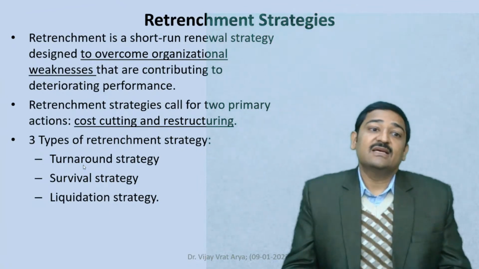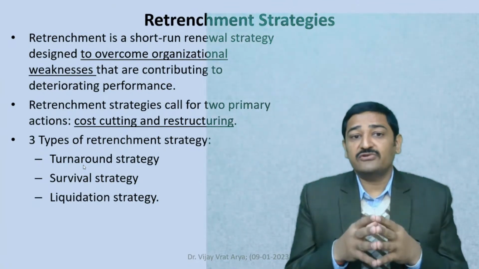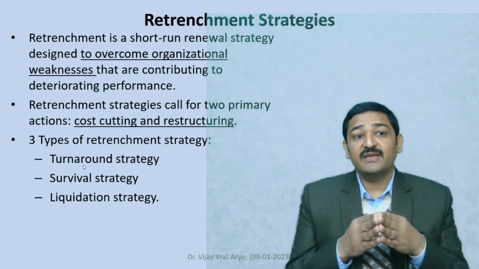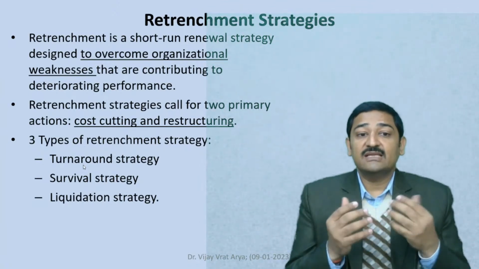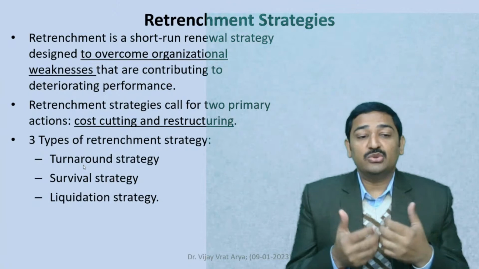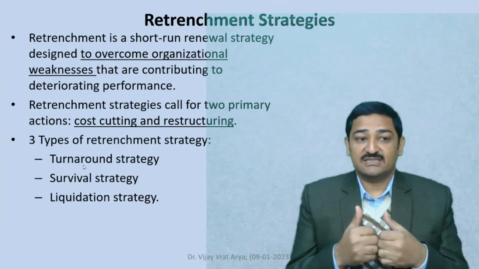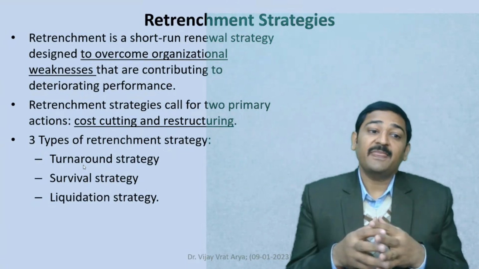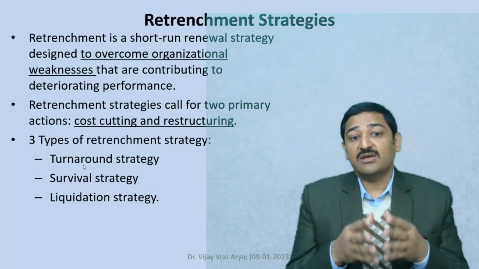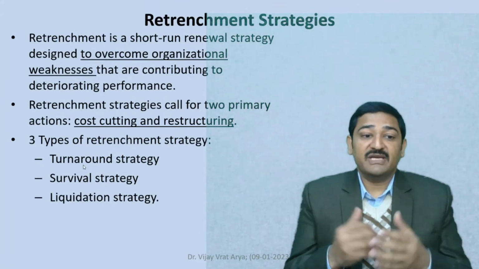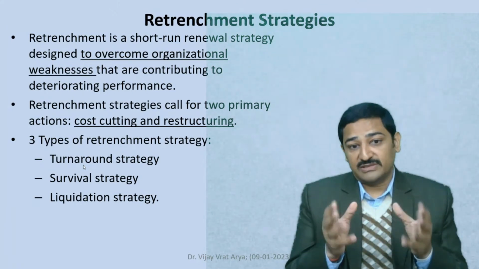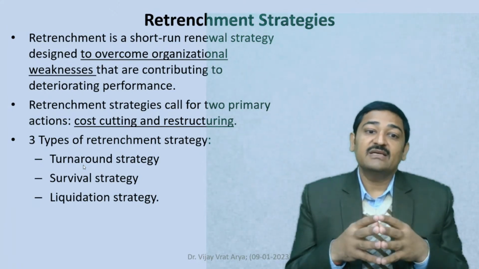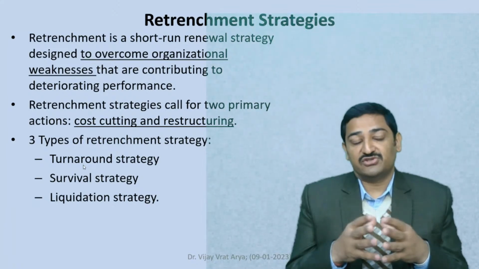So in that case, retrenchment is a short run renewal strategy designed to overcome organizational weaknesses that are contributing to deteriorating performances. At the same time, retrenchment strategies call for two primary actions. One is addressing the cost cutting issue, and second is with respect to restructuring.